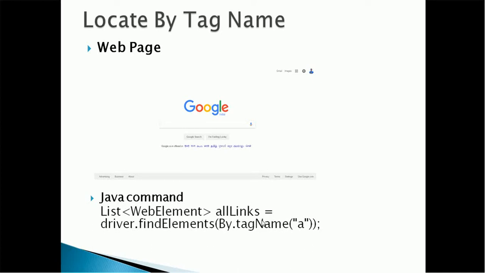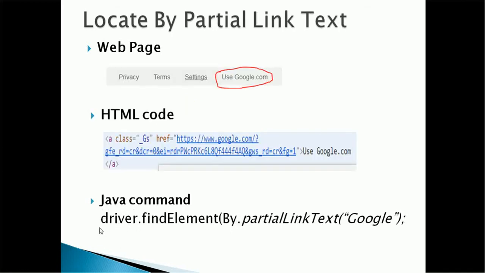So in this case, I want to get all the link text available on the Google web page. So I have created a list. Here we have to create a web element, and we can assign a web element variable to this command, which I will show you in the next video.